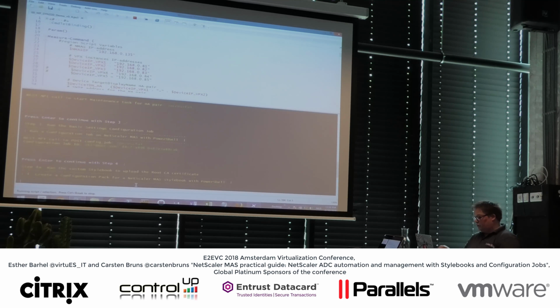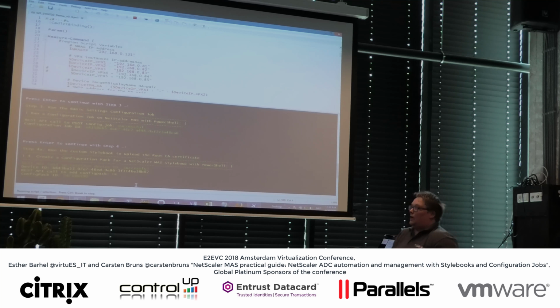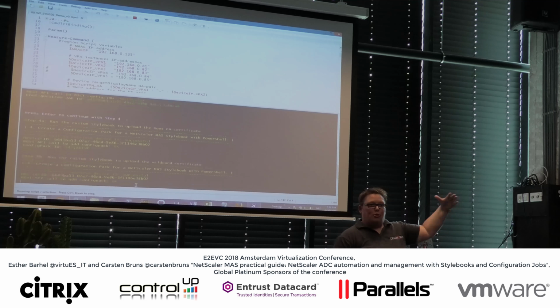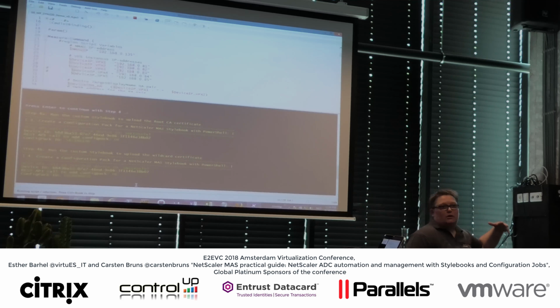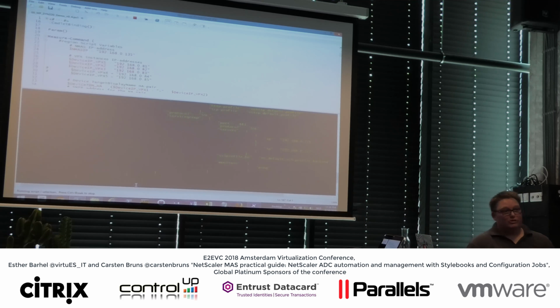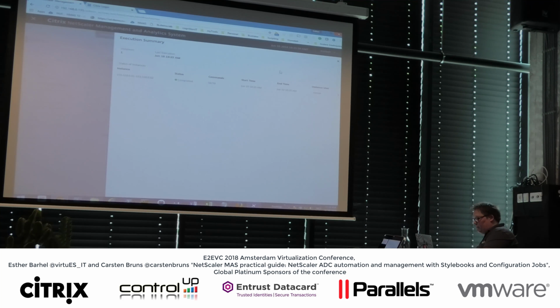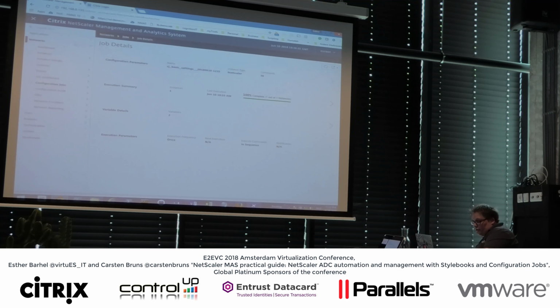But we also did something with style books, creating a configuration pack. I kind of cheated because I created some new style books that will upload the certificates to my NetScaler because I'm doing an SSL configuration. So if all goes well, I now have a configuration pack on MAS.